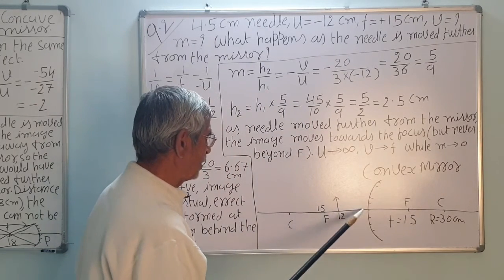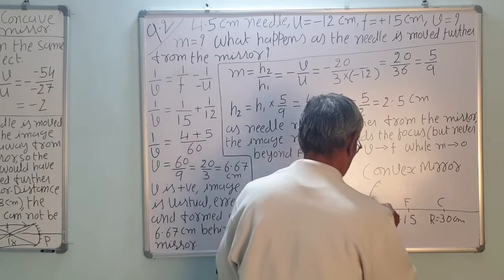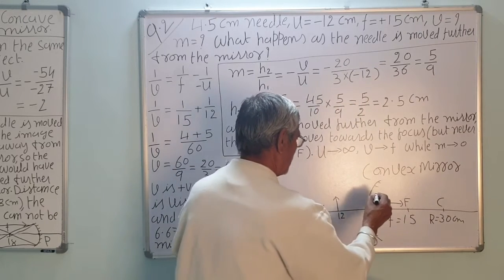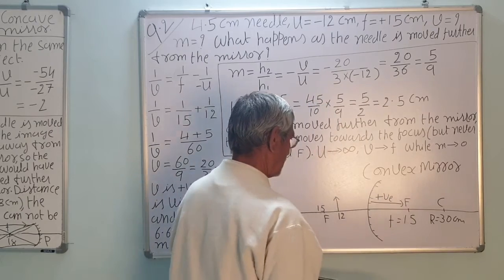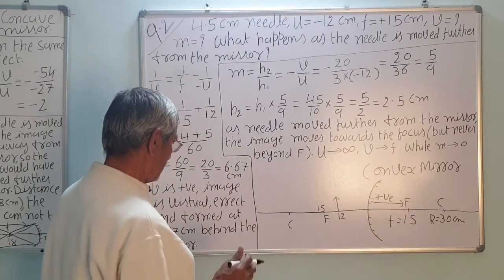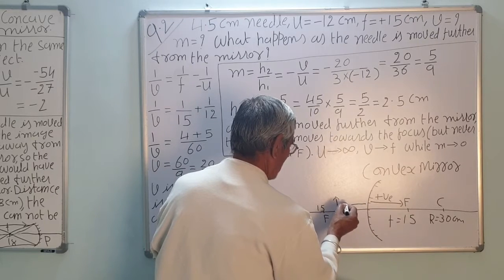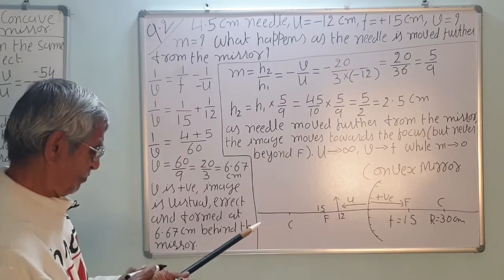But its focal, real focus is on the right side. So focal length, all distance measured from the pole as an origin. So this is always positive, remember it, correct? So focal length is positive and u is always negative. U is measured, this is u, is always negative.